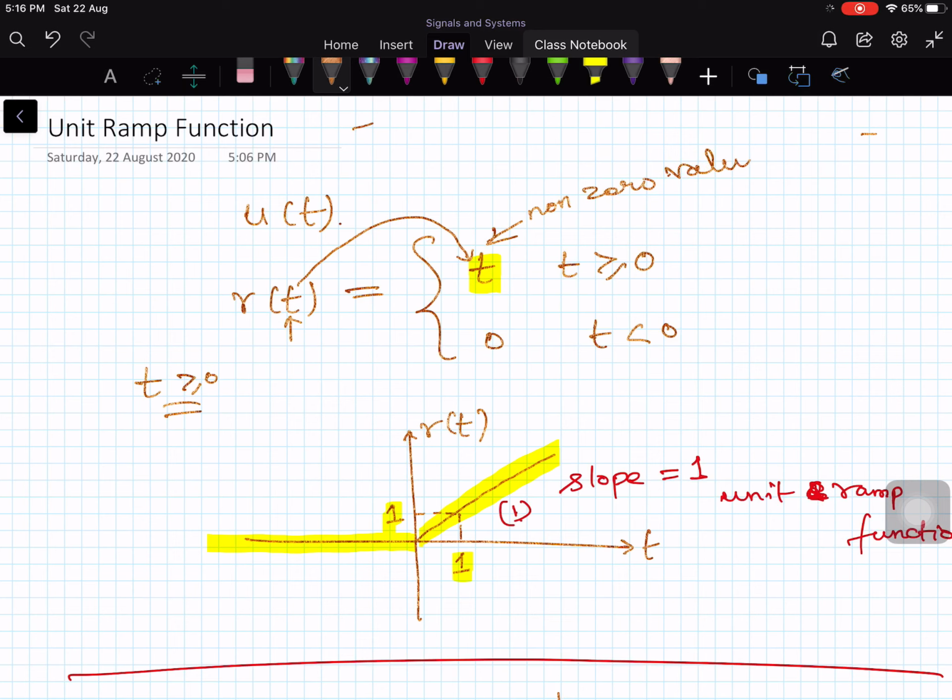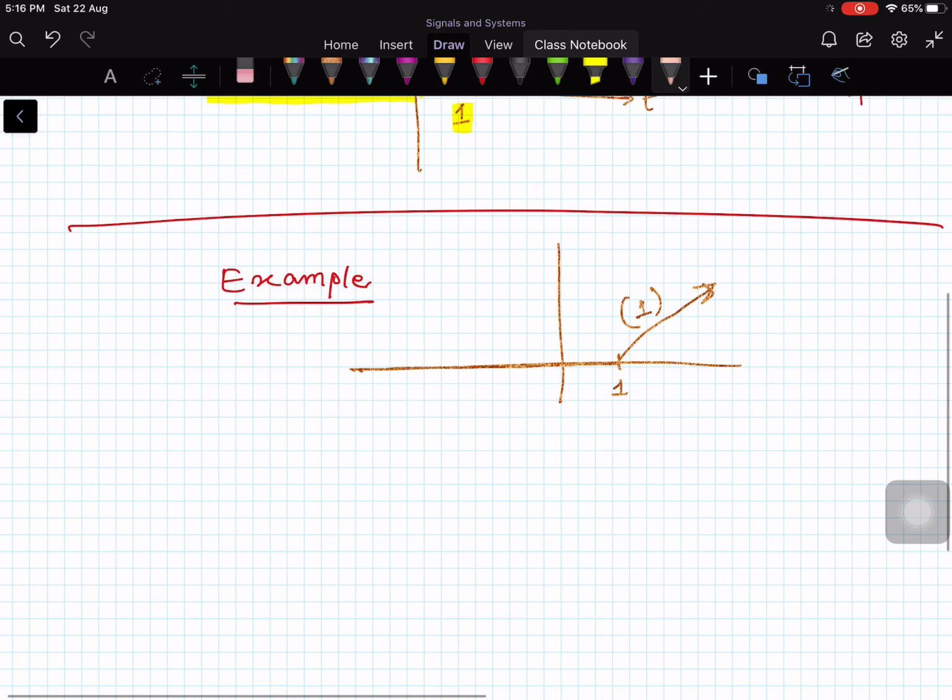And it has a zero value when the argument is negative. Whenever the argument of the ramp function is negative, then its value is 0. So here also up to this point it is 0. Therefore up to this you have to put something within the bracket such that it is negative.